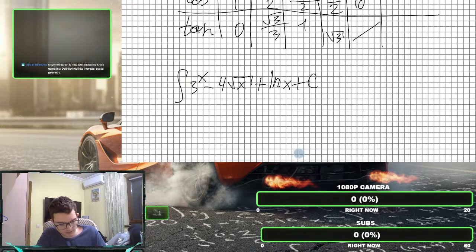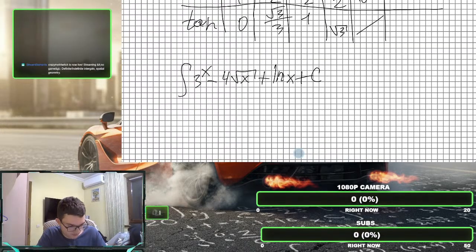Let's see if I get something else as a result. f(x) is equal to 3 to the power of x minus 4 times square root of x. Let's see if I get something like this.